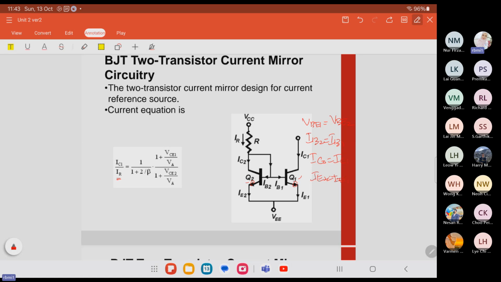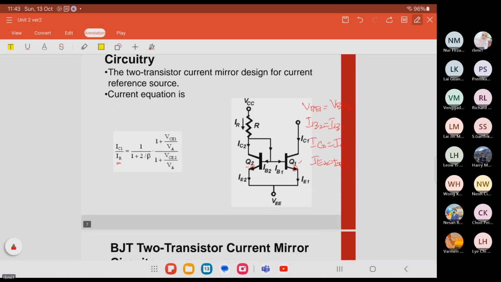And from there, we can say that IR is equal to VCC, if we do the KVL actually, minus VEE minus VBE over R. It can be from this one, goes here, this way, or this way.